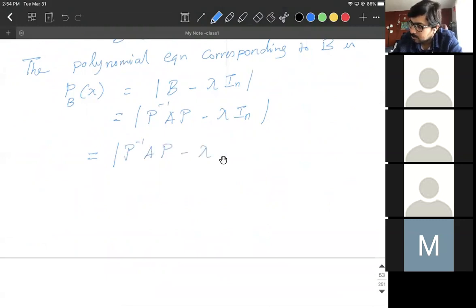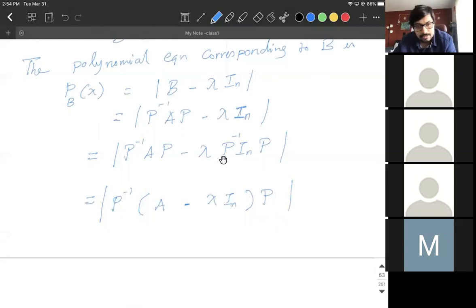We could rewrite lambda I as P inverse times identity times P, because P inverse times P is identity. So now we can take out P inverse from the left and P from the right. We can rewrite this as P inverse times, let's do this slowly, A minus lambda I_N, times P.